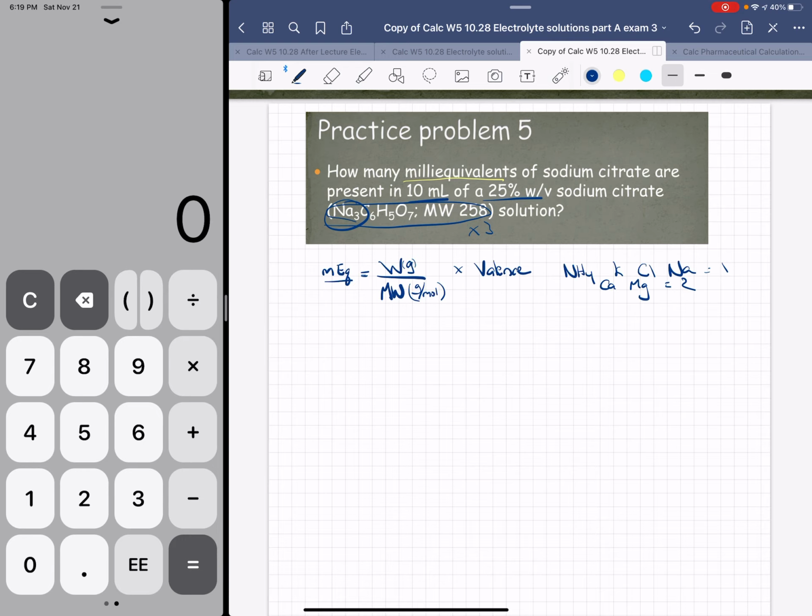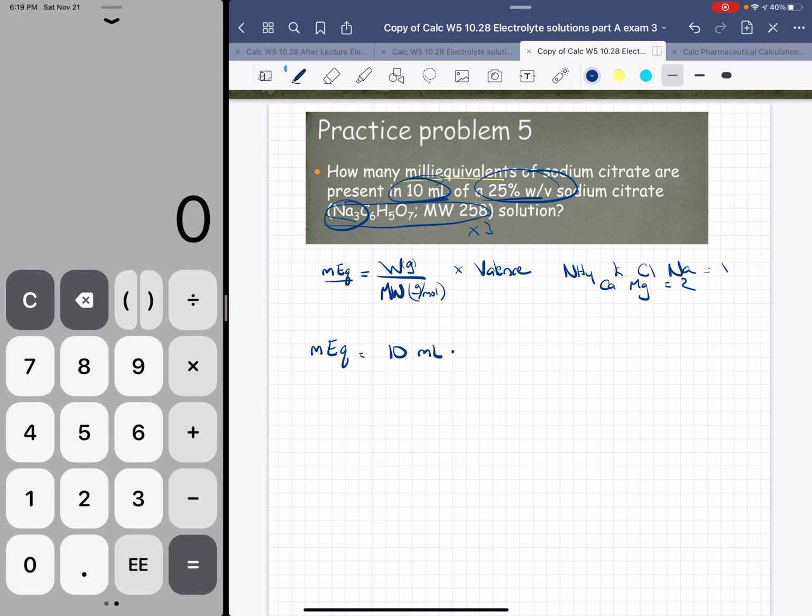Okay, so let's go ahead and set this up. I'm looking for the milli-equivalents, and I have a concentration in 10 milliliters. So that's going to be 10 milliliters.